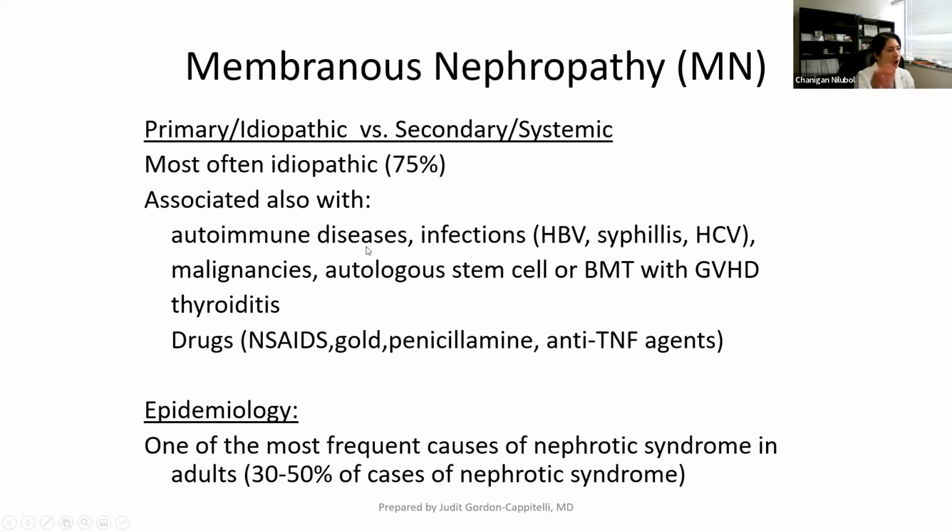It can also be secondary: from some autoimmune disease, infection, malignancy, sometimes stem cell transplant with graft versus host disease, and from drugs, again, NSAIDs, gold, penicillamine, anti-TNF agents. All these can cause membranous nephropathy. It's one of the most frequent causes of nephrotic syndrome in adults, and the old teaching would say that in Caucasians membranous nephropathy is the most common cause, and in African Americans it is FSGS, if you have a true nephrotic syndrome.